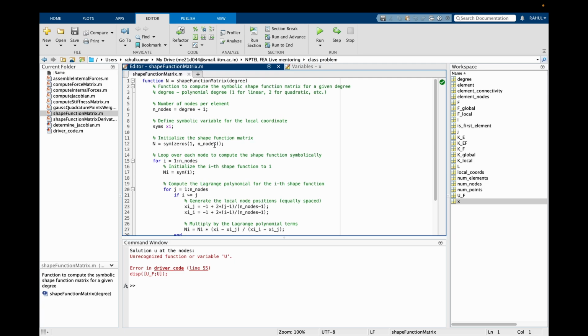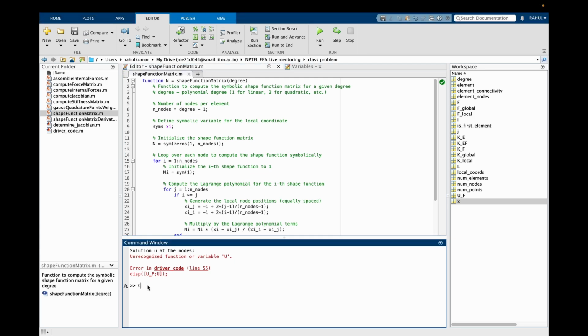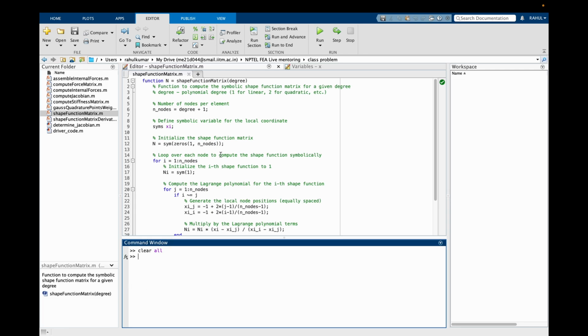So when you run this code, I'll first clear all the variables. I am taking the degree equal to 1. Now I will run this function.